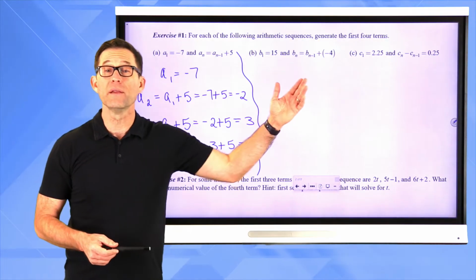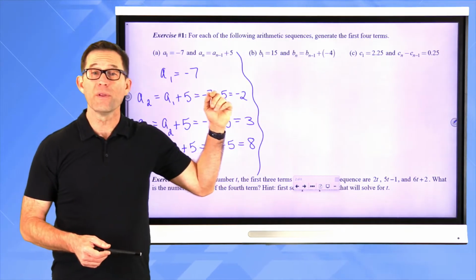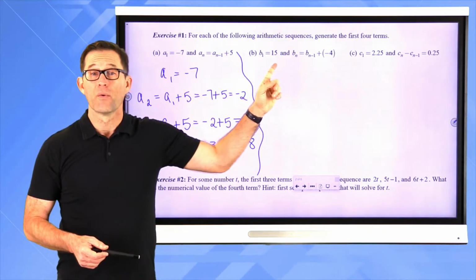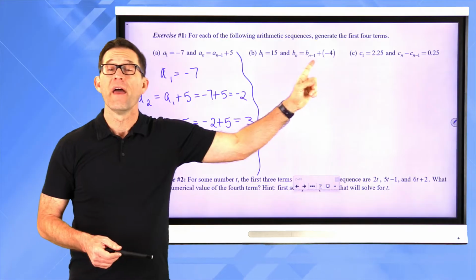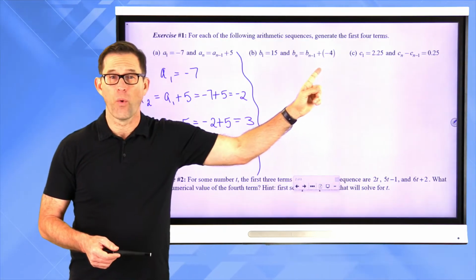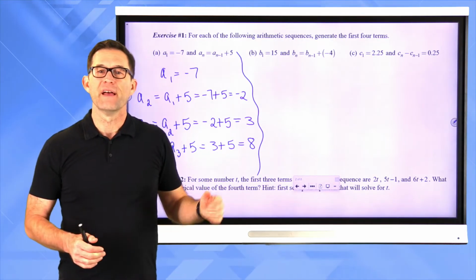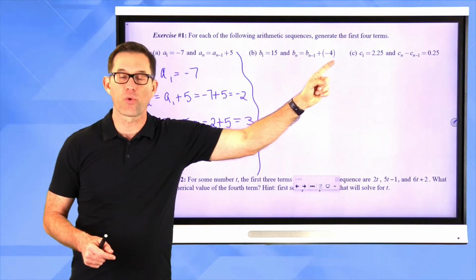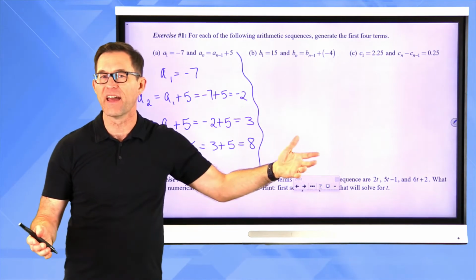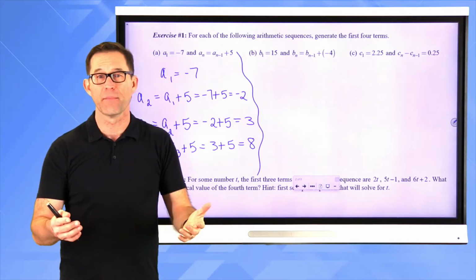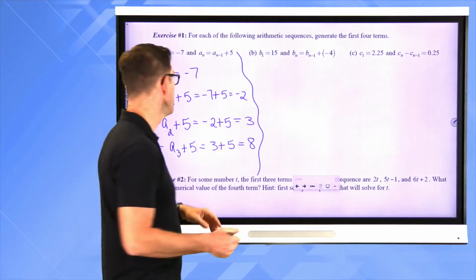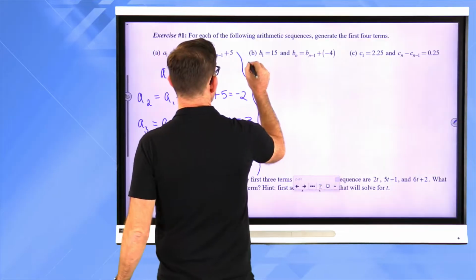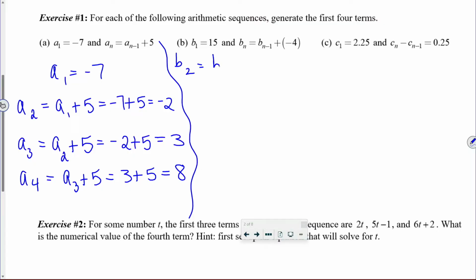All right, well, letter B looks a lot like letter A. The only difference is that in letter B, our first term is 15, and the common difference is negative 4. We can really think of this then as each term is gotten by taking the previous term and subtracting 4 from it, right? Adding negative 4, subtracting 4, the same idea. So here we go. We've got b2 is equal to b1 plus negative 4.